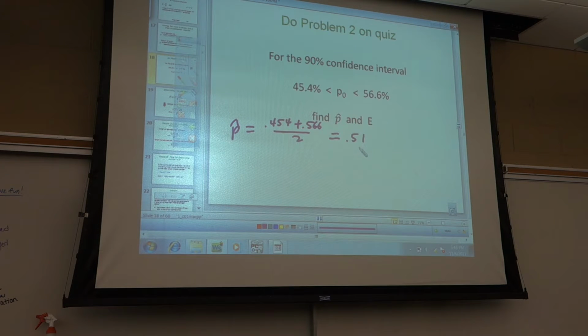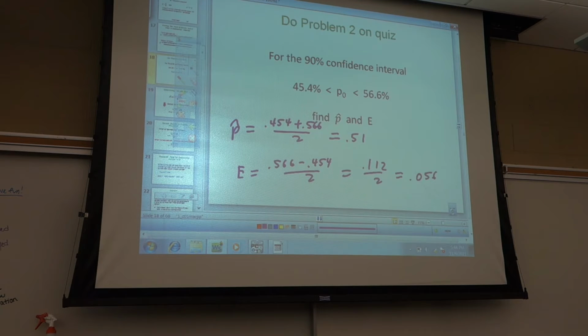Seems right. Great. And then my e is going to be the difference of them divided by 2. So 0.566 minus 0.454 over 2. And that's 0.112 divided by 2, 0.056. So that's my error.